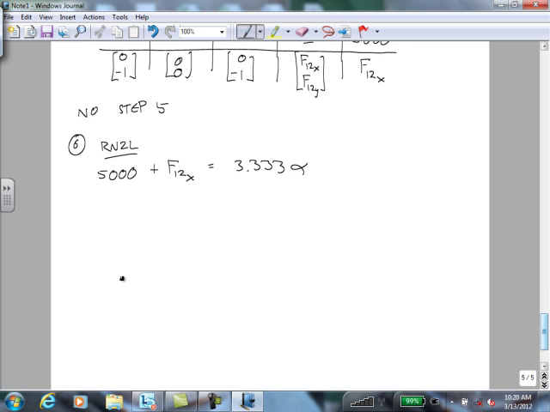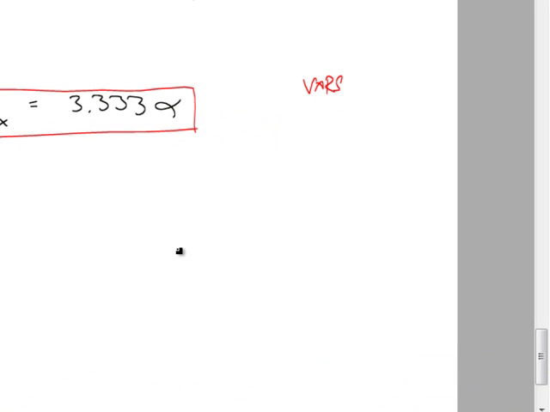Okay, so let's take inventory of this. Call that equation 1, okay? And let's think about what the variables are that we have. We've defined a few variables, right?